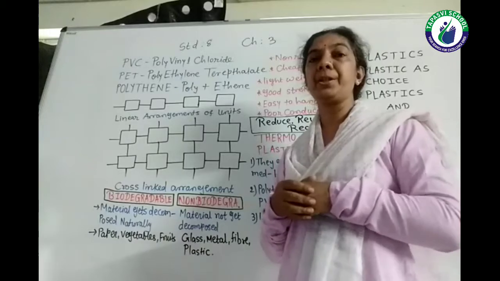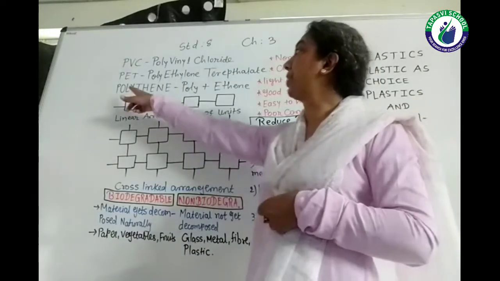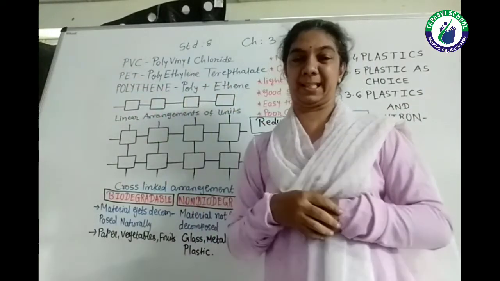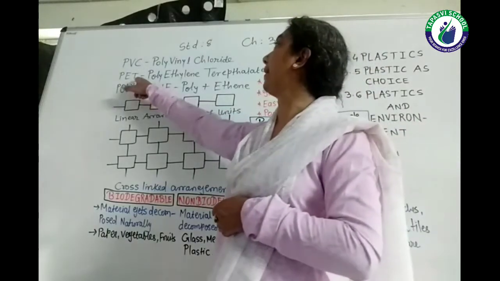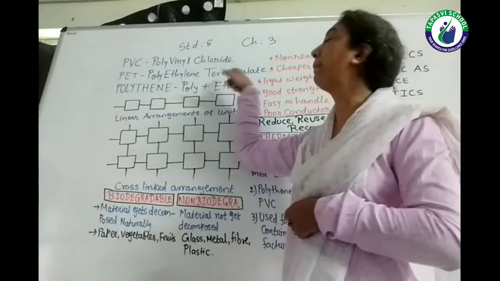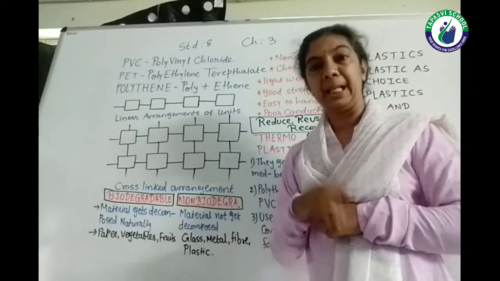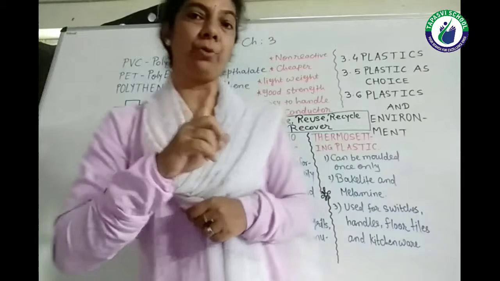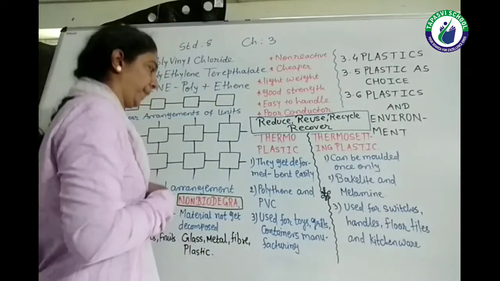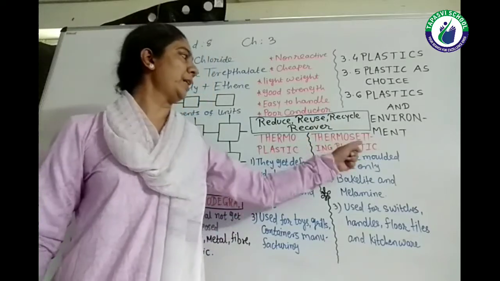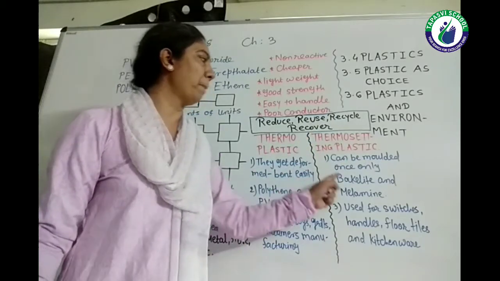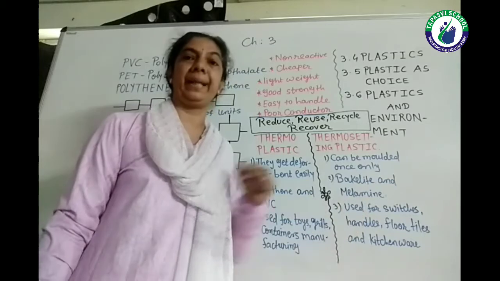One more abbreviation we discussed in the last lecture was PET bottles, PET jar. The full form of PET is polyethylene terephthalate. Remember this, it could be asked to you in a 1 marker question. Coming back to our differences, for thermosetting plastics we have bakelite and melamine.